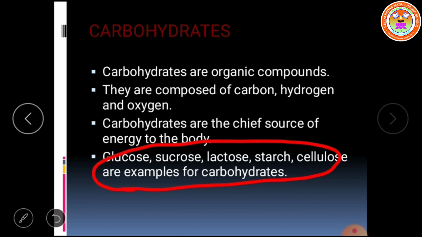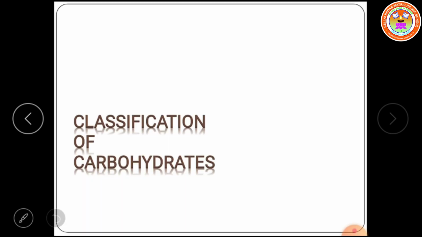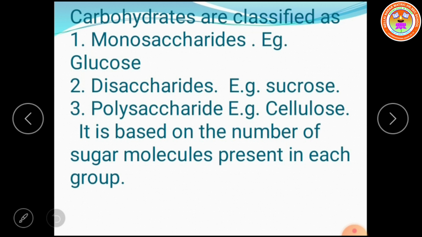Clear? Now, the classification of carbohydrates is based on the number of sugar molecules present in each group. What are the different types of carbohydrates? They are monosaccharides, disaccharides, and polysaccharides. Mono means single.